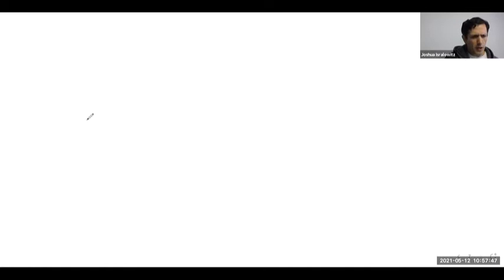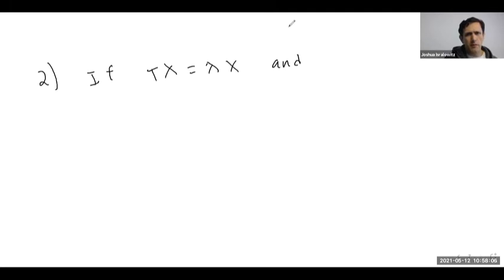And for 2, if we have Tx is lambda x, so I mean, of course, this is true. Maybe this is not clear, it should be immediate, but this is true if and only if x is in E lambda.